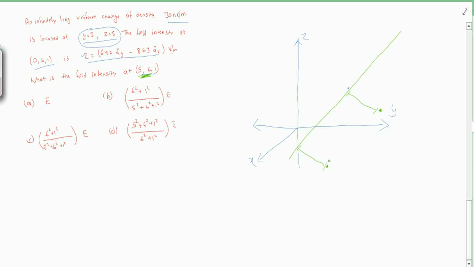I have told this point earlier also: in the case of a line charge parallel to the x-axis, if you only change the x coordinate, the electric field stays the same. Whether you look at (0, 6, 1), (1, 6, 1), (5, 6, 1) or (8, 6, 1), only the x coordinate changes while y and z stay the same, so the electric field here is the same as there, because it is independent of the value of x, since the line is parallel to the x-axis. So we can simply say the answer is option A.